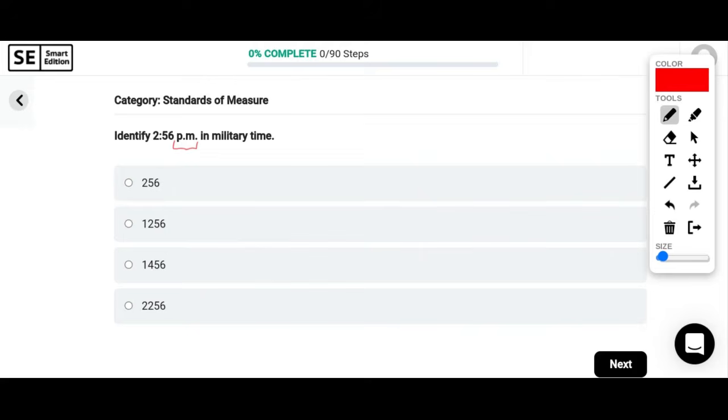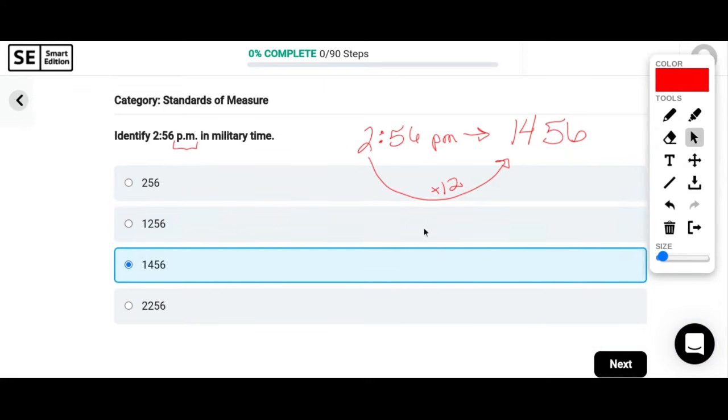So when we have p.m., we need to add 12. So 2:56 p.m., we add 12 to this 2 for the hour, and I get 14. And the minutes just stay the same. So 14:56 is the same thing as 2:56 p.m.